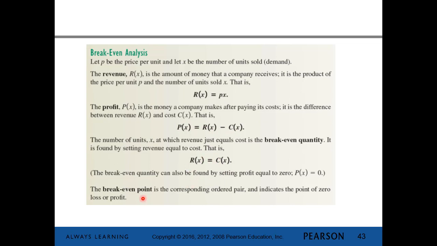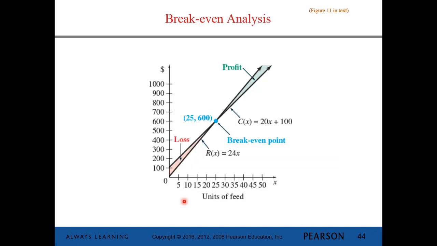Okay, so the break-even point is the corresponding ordered pair and indicates the point of 0 loss or 0 profit. Okay, so if we look at two functions, right? So we look at our cost function and we look at our profit function.